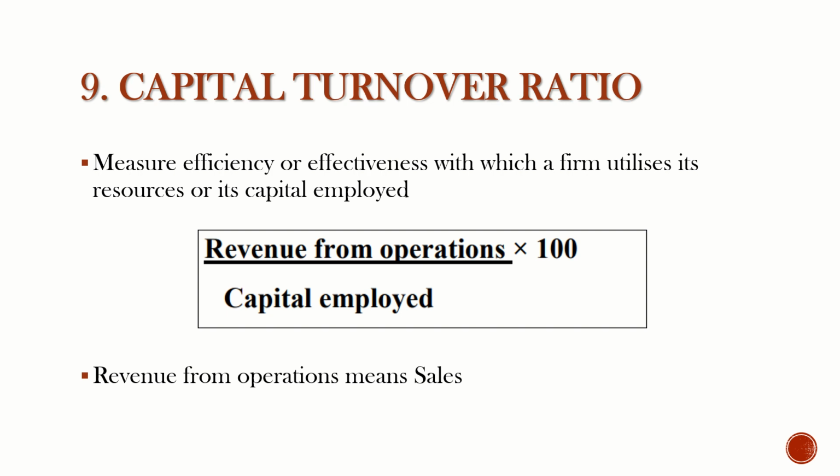So the utilization of resources by a firm and its efficiency and effectiveness can be measured using capital turnover ratio, which can be calculated as revenue from operations divided by capital employed into 100. So as you know, revenue from operations means it is the sales amount. Okay, so these are the different overall profitability ratios which must be calculated and considered to determine the overall profitability of a business firm.